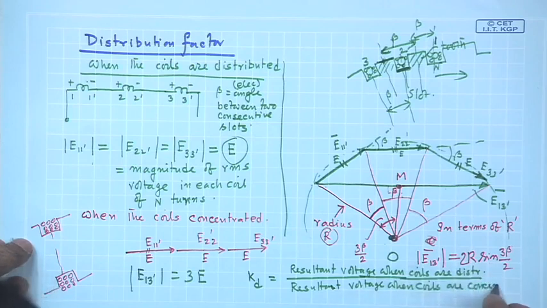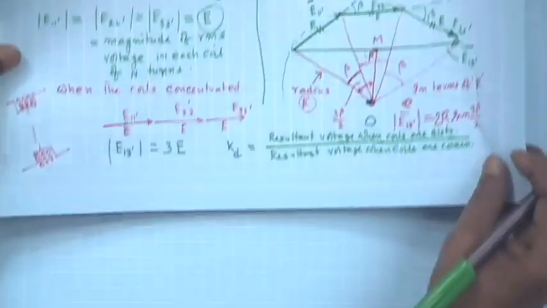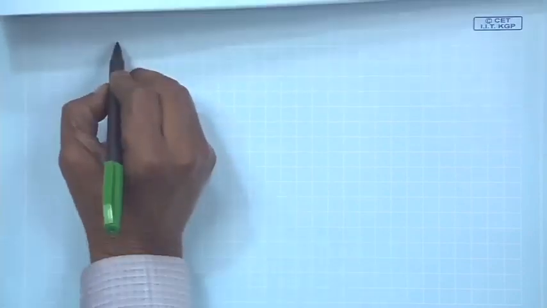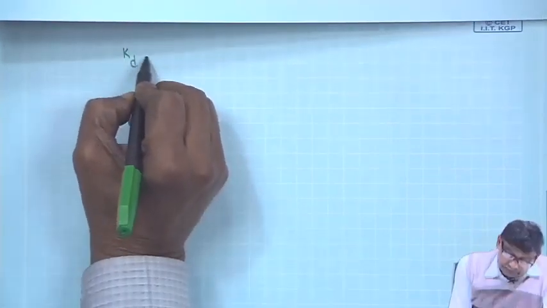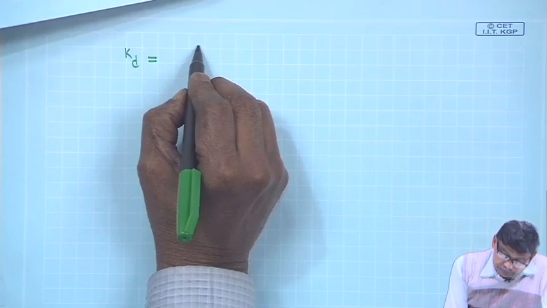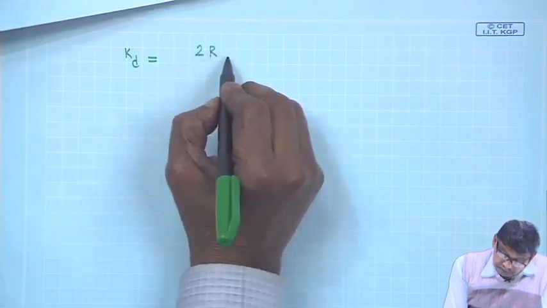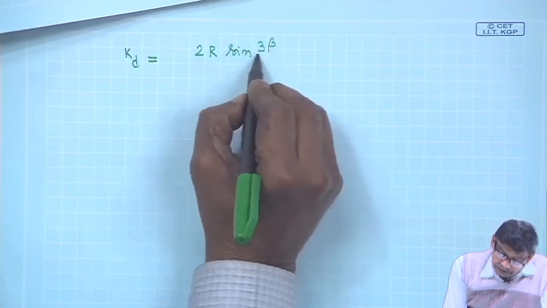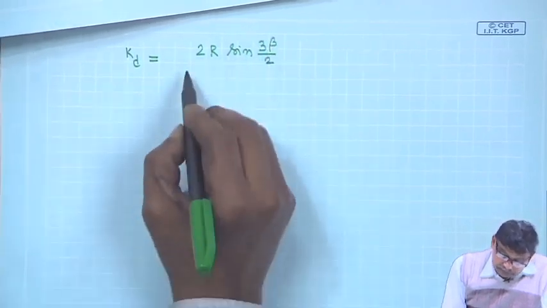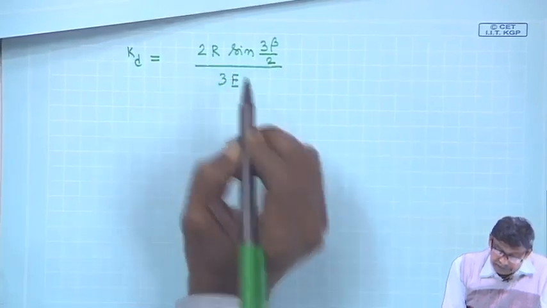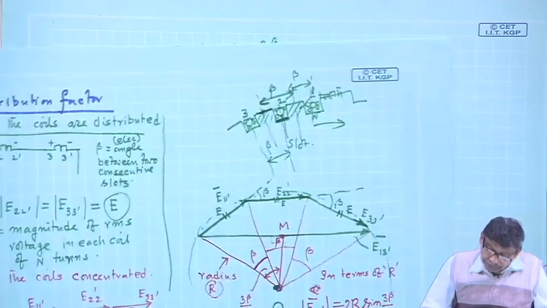You can compare two things only when they are of similar type. Therefore, K D will be equal to 2 R sin 3 beta by 2 divided by 3 E. That is the thing.